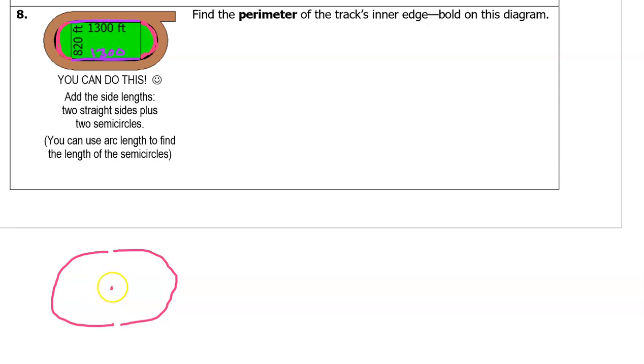We really need to know the radius of this circle for us to do the problem. And look, they told us that the entire length right here from one side of the circle to the other, this is 820. So that means the radius will be half of this.